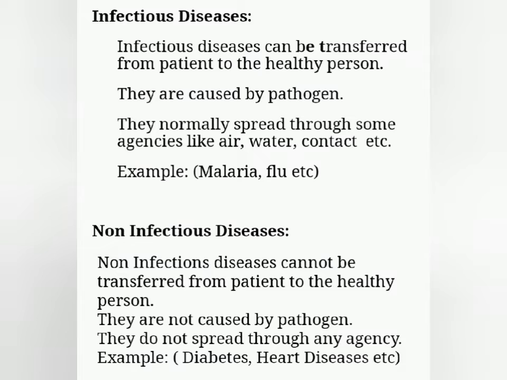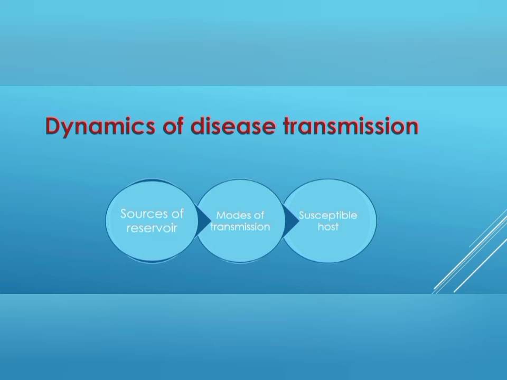Apart from that, malaria, any type of flu, and cholera are all infectious diseases, and the mode of transmission is water, air, etc., or personal contact. Non-infectious diseases are caused by genetic disorders or different physiological problems, etc., and cannot be transmitted from a patient to a healthy person, like diabetes.